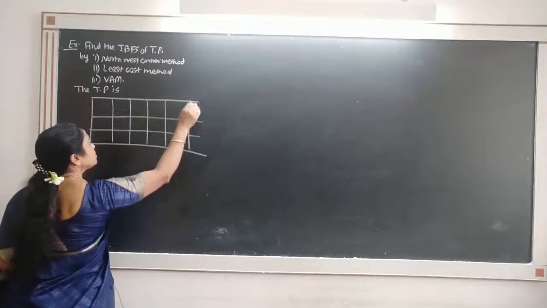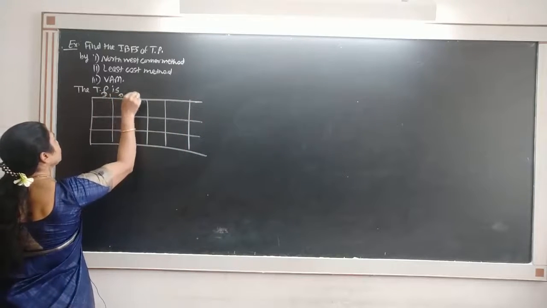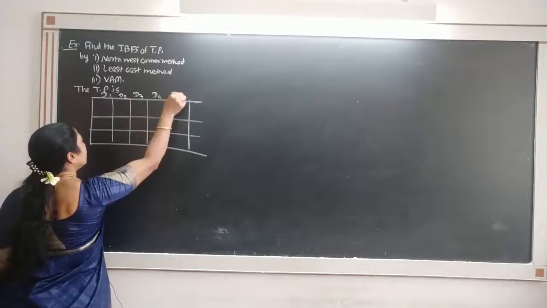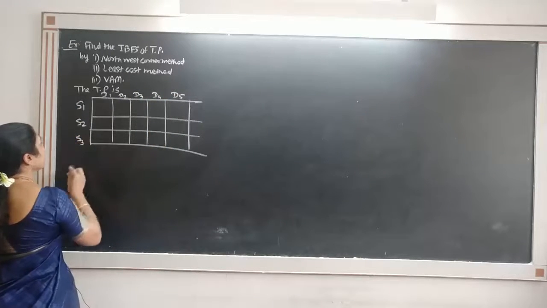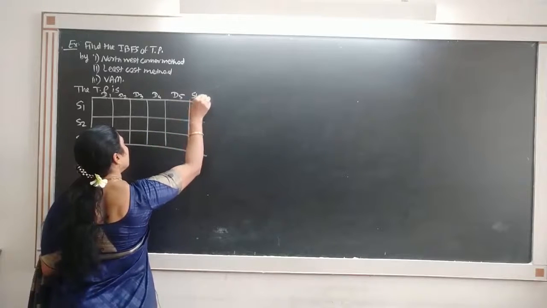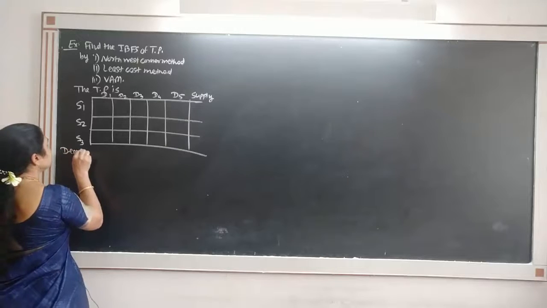There are 5 destinations: D1, D2, D3, D4, D5. There are 3 sources: S1, S2, S3. The supply of the sources and the demand of the destinations is given.